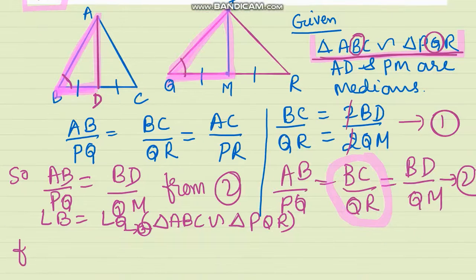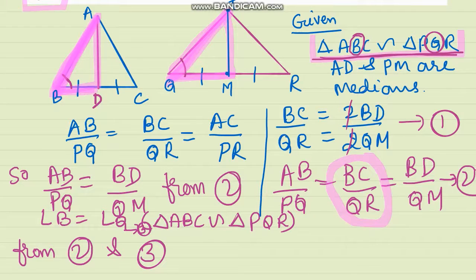From 2 and 3, AB by PQ equal to BD by QM, and angle B equal to angle Q. That means triangle ABD is similar to triangle PQM.